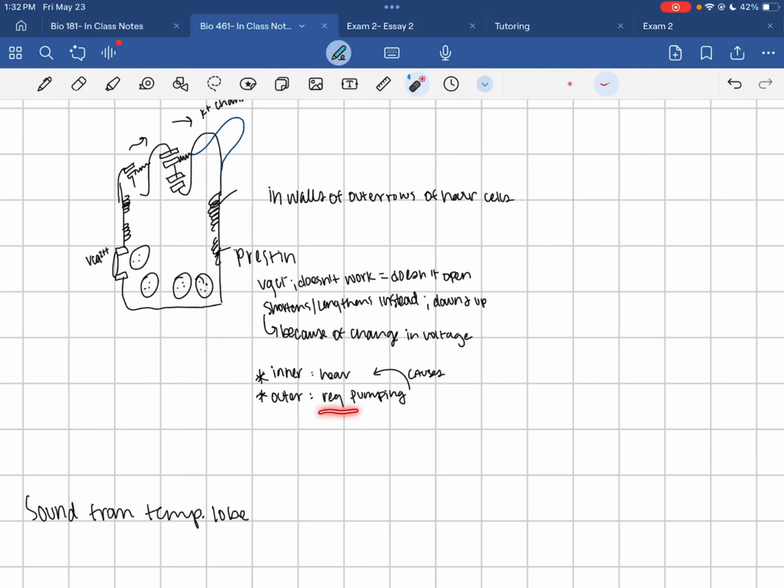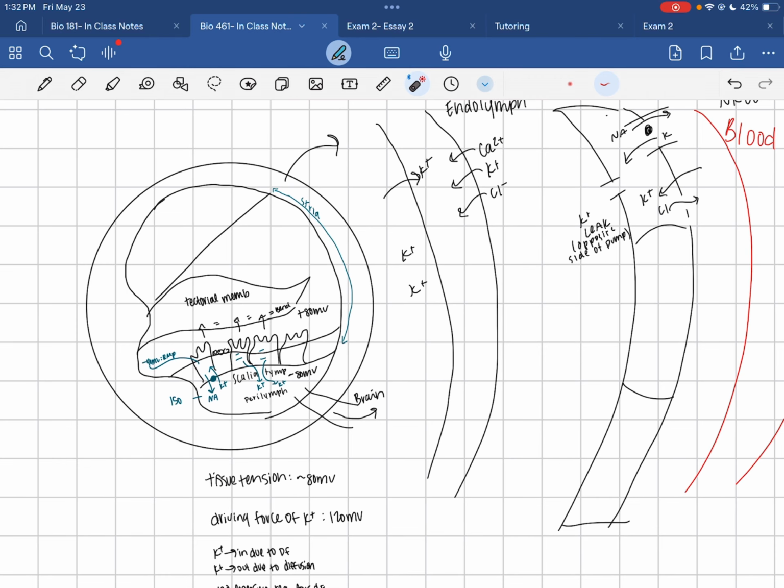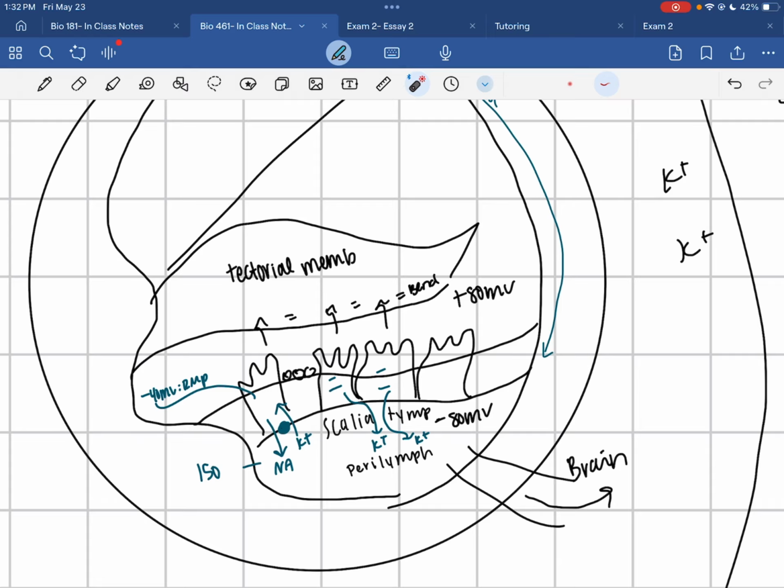So we have the inner ear, and the outer ear regulates the pumping, which causes us to hear. But right here we have our tectorial membrane, and this is where the signal transmission of action potentials goes through. So it goes through the auditory nerve to the brain, where it's interpreted as sound.